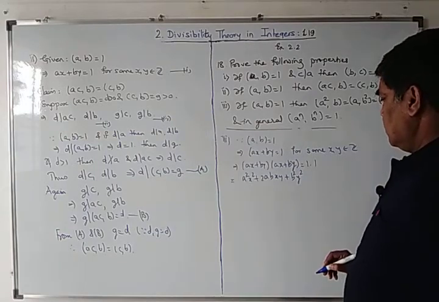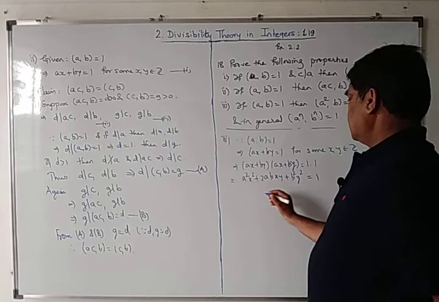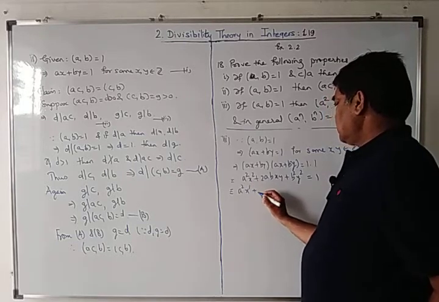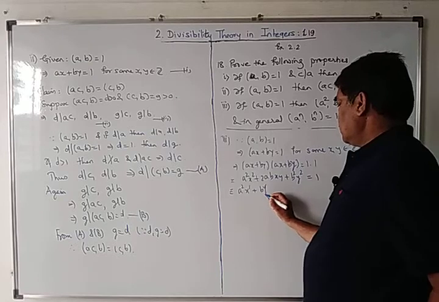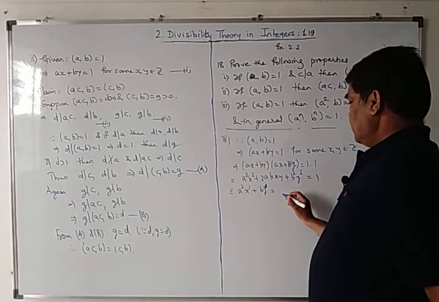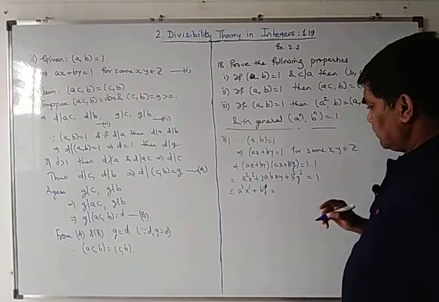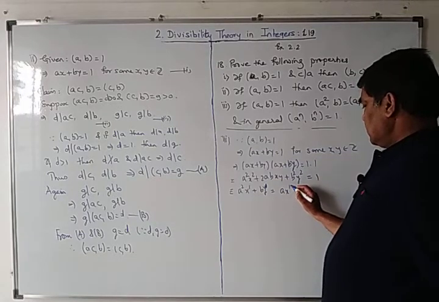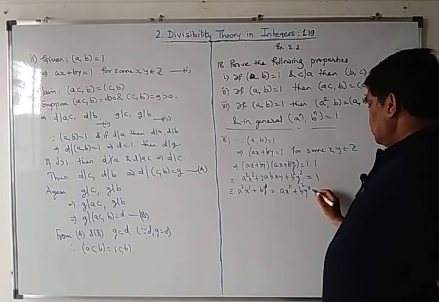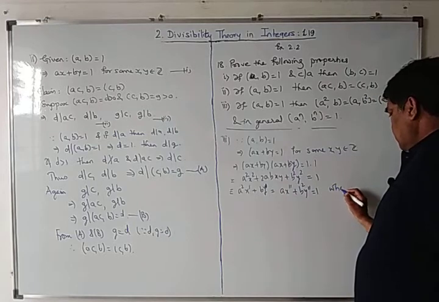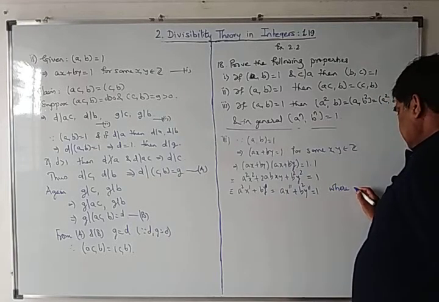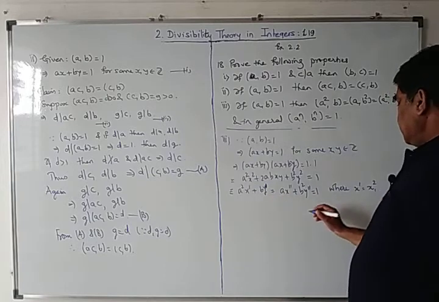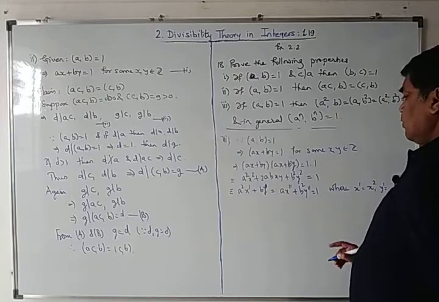is equal to 1. This is equivalent to, I can write this as A square x dash plus B into y dash, or A into x double dash plus B into y double dash is equal to 1, where x dash is equal to x square and y dash is equal to, what is your y dash now?